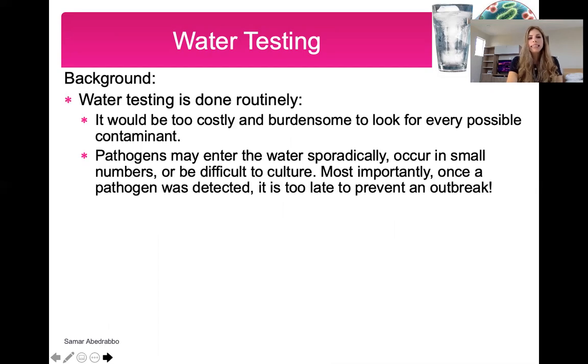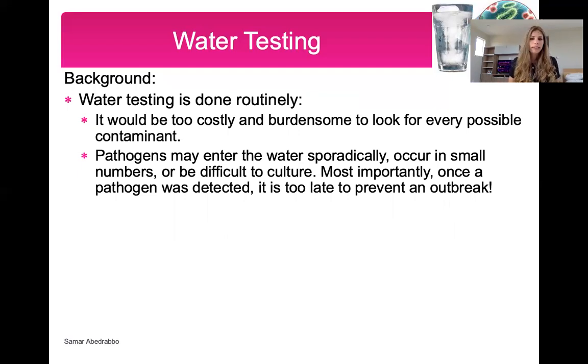So water testing is done routinely, and it would be very hard. If, for example, you have a water source and you collect a sample of water, it's too expensive and too much work to look for every possible contaminant. So you cannot possibly look for every single pathogen in that water. It wouldn't even be possible, because we're not even aware of all the pathogens.